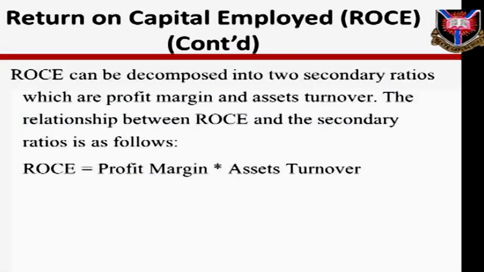Return on capital employed can be decomposed into two secondary ratios, which are profit margin and asset turnover. The relationship between return on capital employed and the secondary ratios is as follows. ROCE equals profit margin times asset turnover.